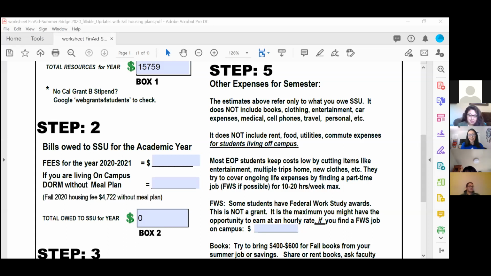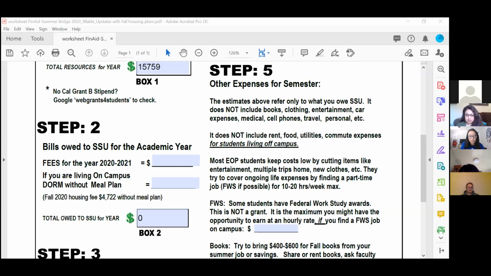I have the amounts up here, Erica. I know I'm sharing my screen, but I'll go ahead and just go on the website to make sure that we have the correct fees. And I'll also put this into our chat box as well so that students can see the tuition and fees. So the tuition and fees, what we know as of today, for a full-time student is $3,976.